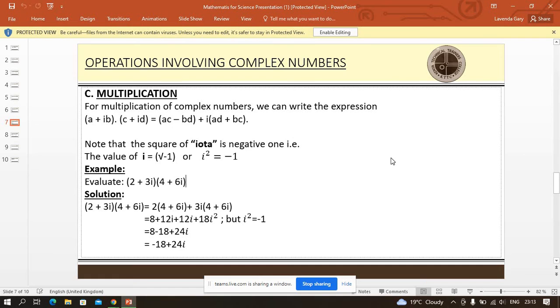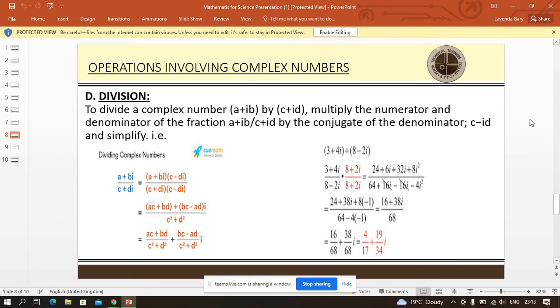Thank you very much. Let us move to division of complex numbers. Now, given to divide a complex number a plus ib by c plus id, first of all, for those of you who did SATs, have you ever come across the topic before?